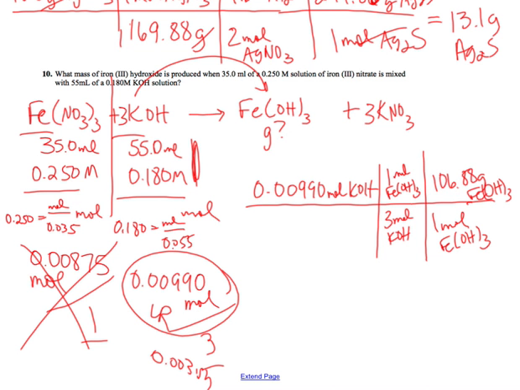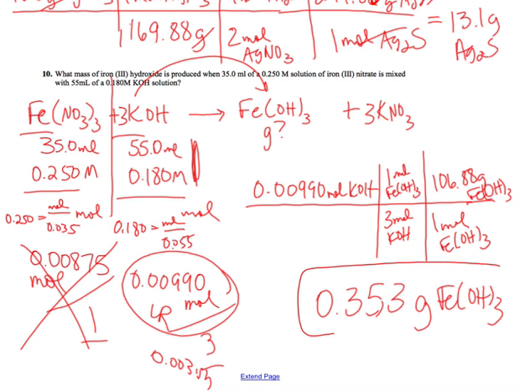All right, so to 3 sig figs, what is the number of grams we produced? 0.353 grams of FeOH3. Yay, looks good.